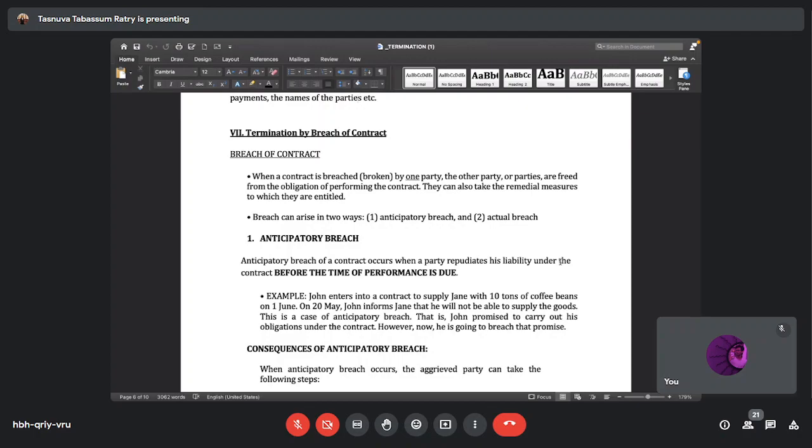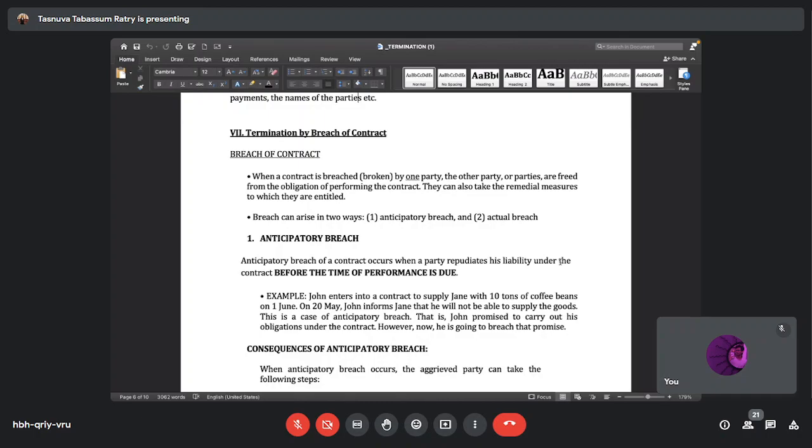Once those terms and conditions are fulfilled, normally the contract comes to an end. However, when one of the parties fails to fulfill their obligations and there is a breach, the contract is usually broken by one of the parties.